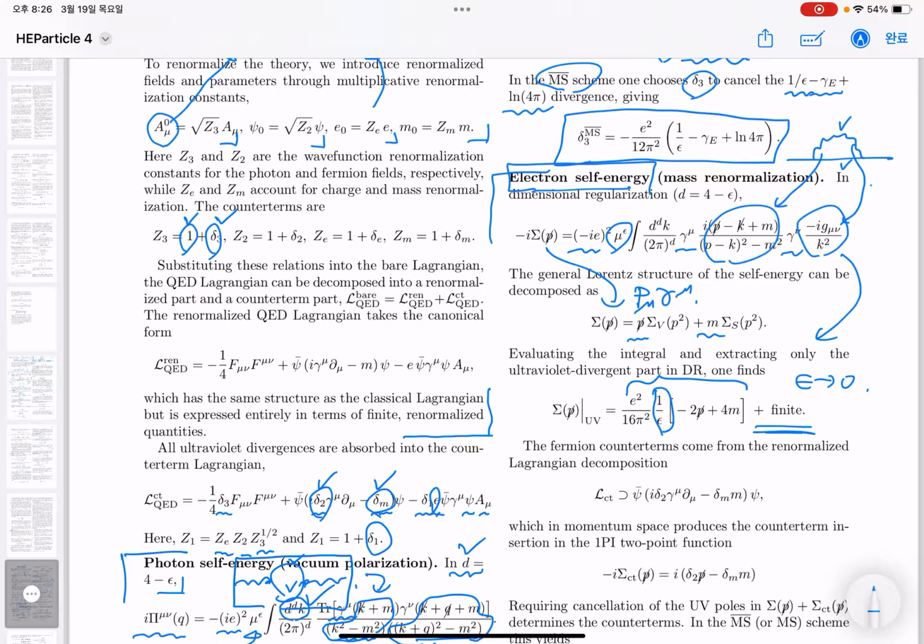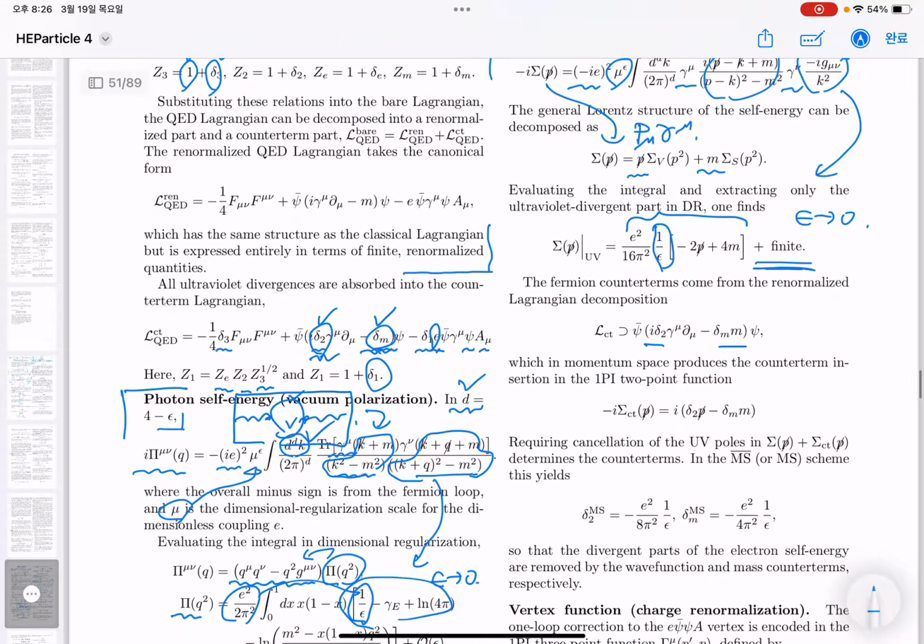And this divergent part can be offset by the proper counter terms, delta 2 and delta m. To remove the divergence, these counter terms delta 2 and delta m give the following contributions to the electron self-energy.